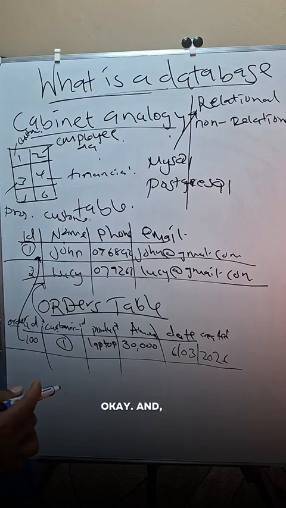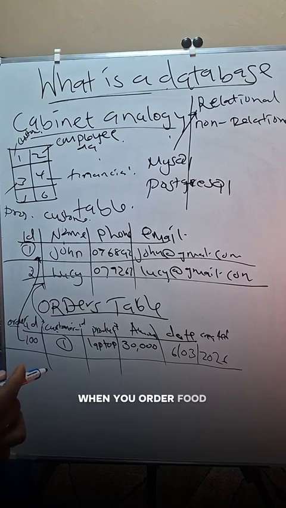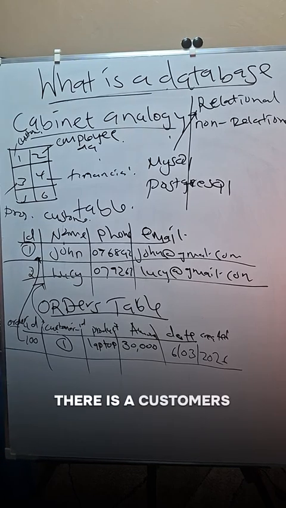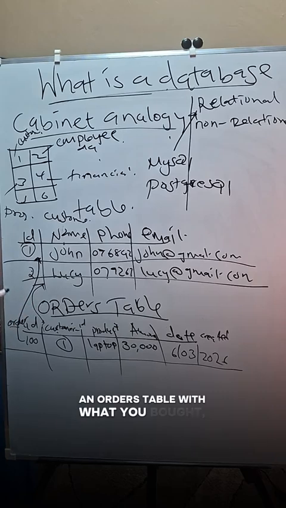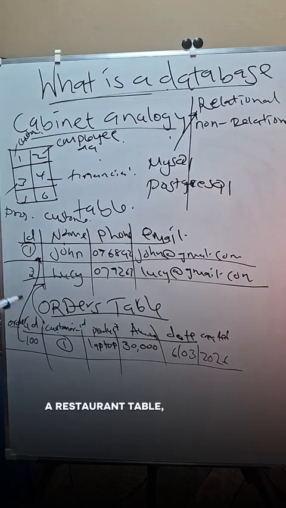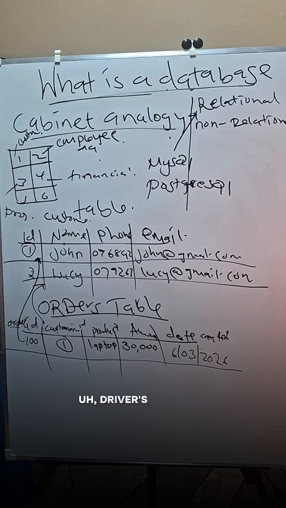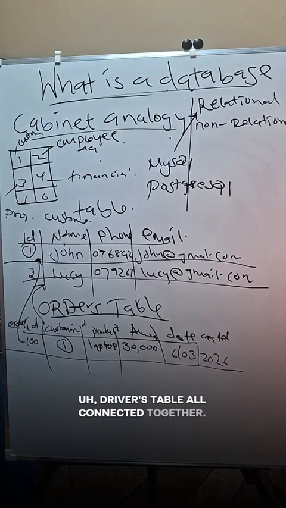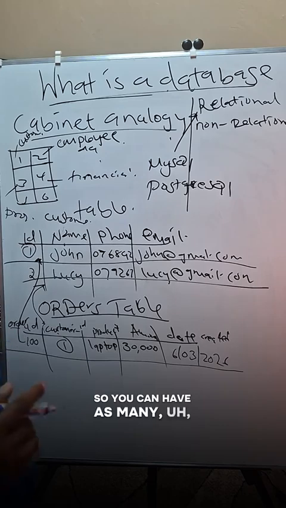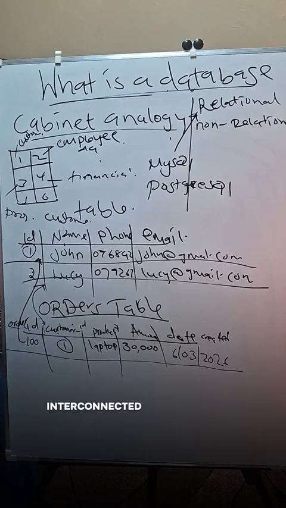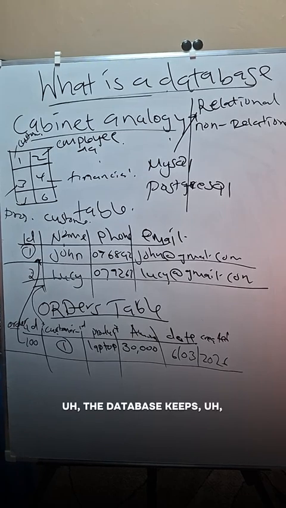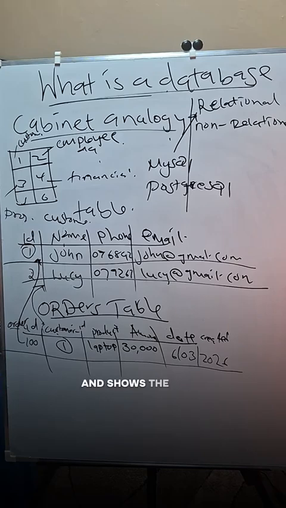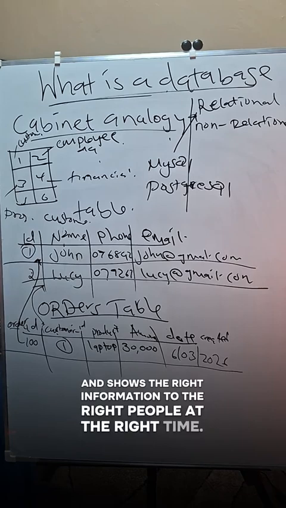When you order food on an app, there is a customers table with your information, an orders table with what you bought, a restaurant table, a delivery drivers table, all connected together. You can have as many tables interconnected together. The database keeps track of everything and shows the right information to the right people at the right time.